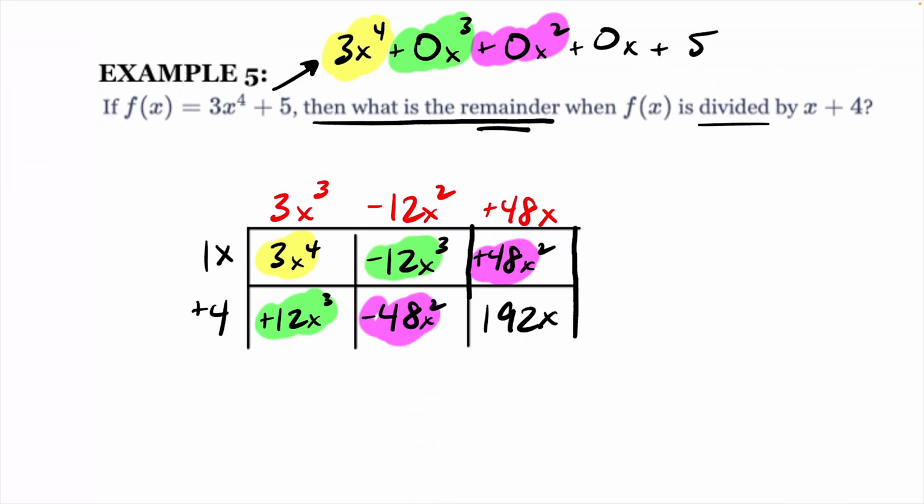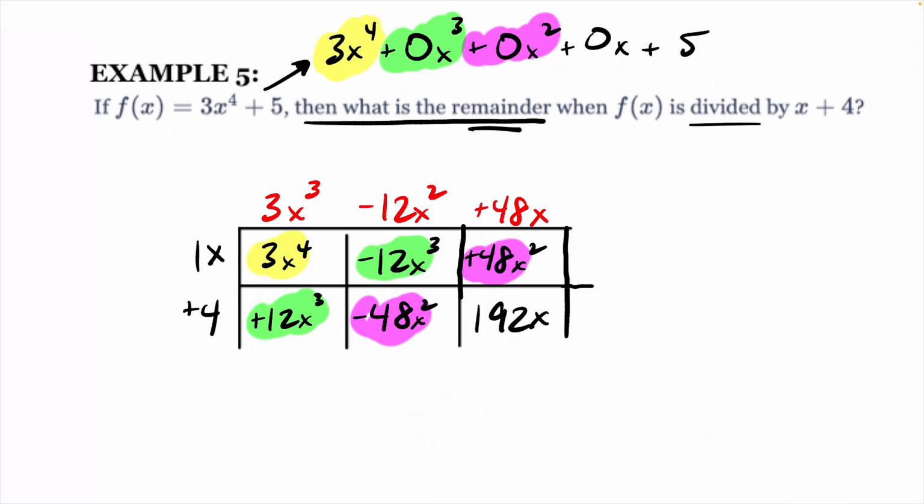Close that section of the box. Okay. Another color. Next color. 192 plus something equals 0. Negative 192.